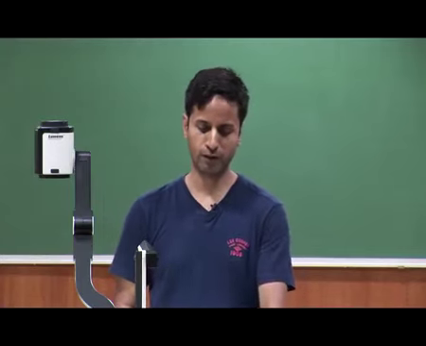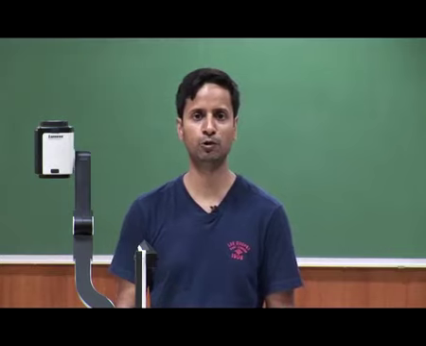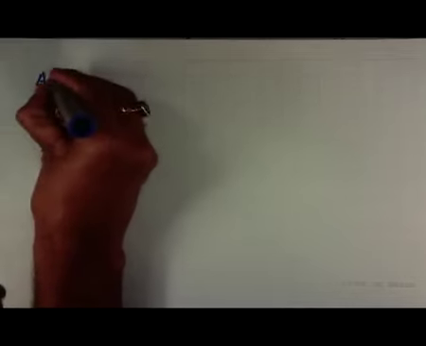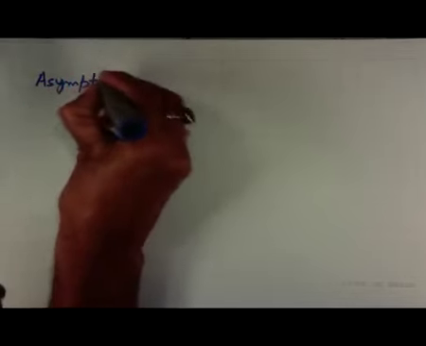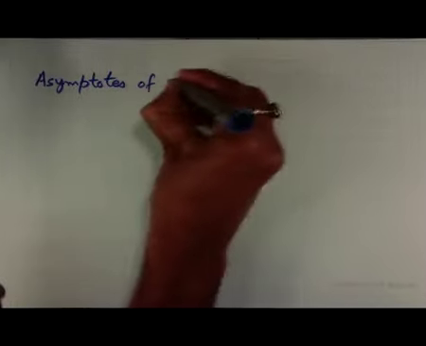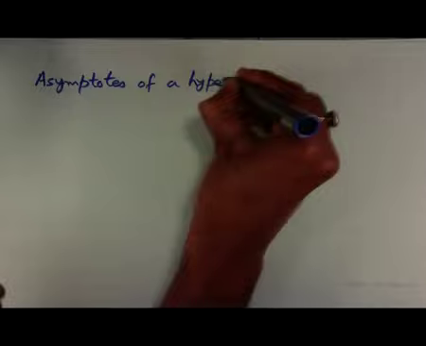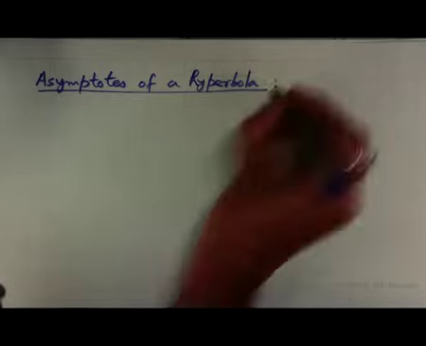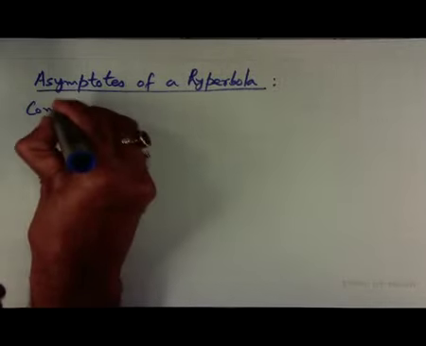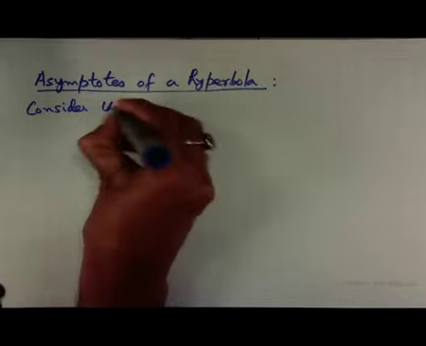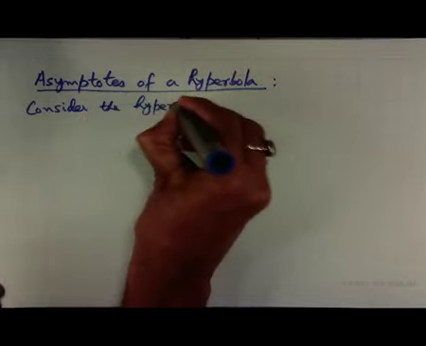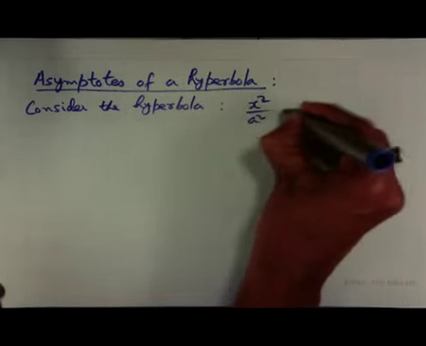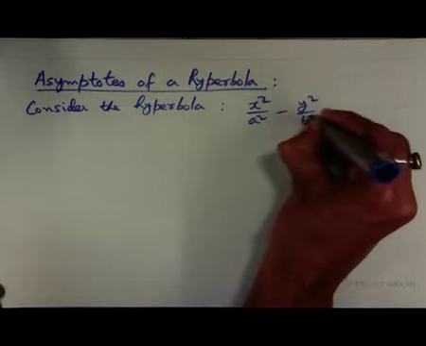Now, let me talk about what is called asymptotes of a hyperbola. So, consider the hyperbola x square by a square minus y square by b square equal to 1.